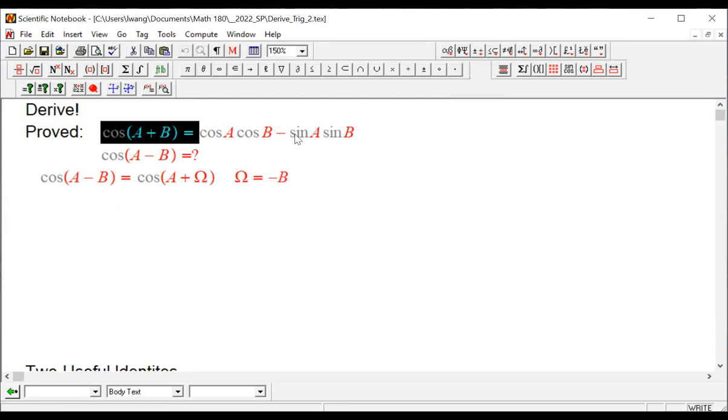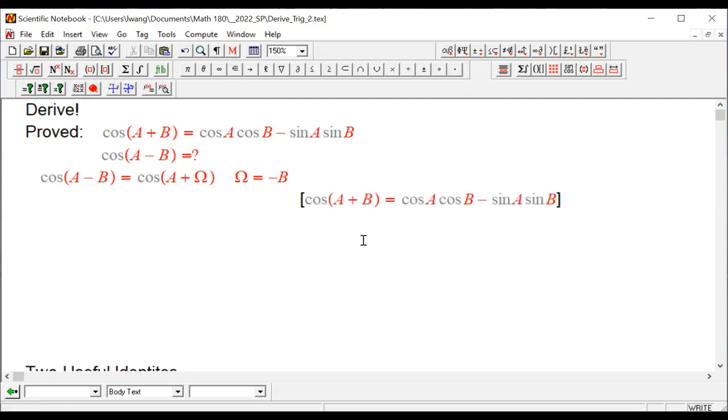And then we apply the formula, and the formula goes like this. B becomes omega, and all B's become omega. It's just a substitution.